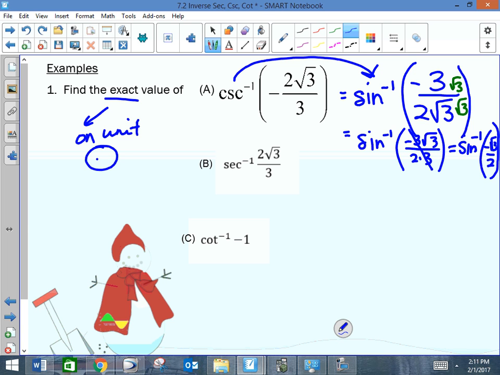But you don't recognize it because it's not in a good form. So we had to switch to the reciprocal function, so we switch this to the reciprocal as well, and then finish it so that we can recognize it. Now, what is the inverse sine of negative radical 3 over 2? Pi over 3 or pi over 6?